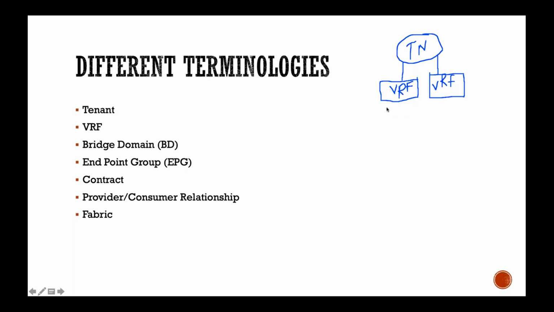Then inside of VRF, we have bridge domains. One VRF can have multiple bridge domains. A bridge domain, not completely, but you can refer to it as like a VLAN. Bridge domains are like a VLAN. It's an individual boundary of the endpoints. So they can have different VRFs, different BDs.